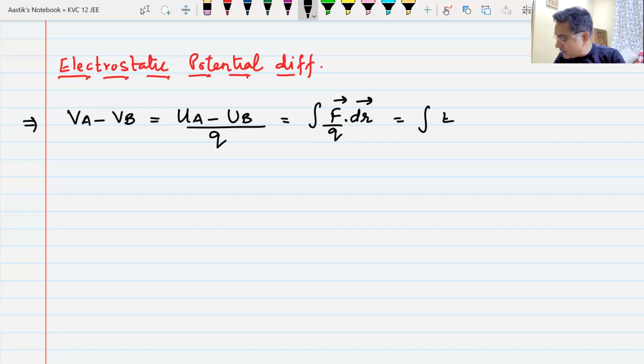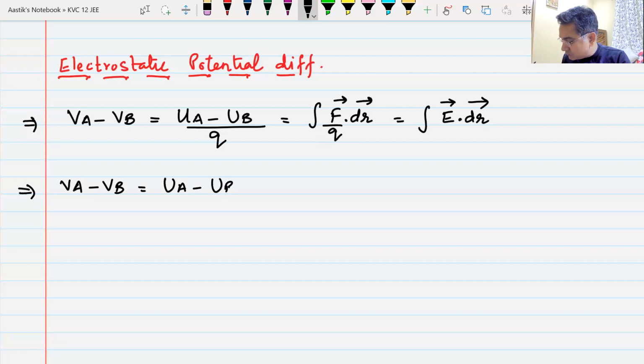So you have this relation between electric field and potential difference. VA minus VB, which is also UA minus UB by Q, can now be written as the integral of E dot dr. Do you understand this? Yes, sir.